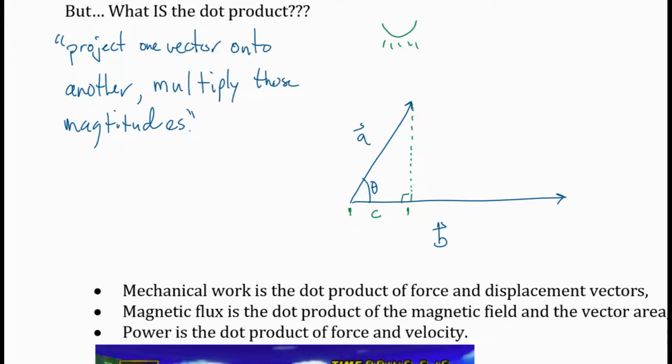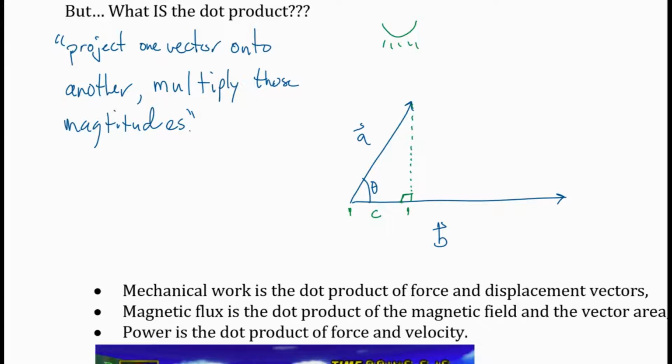And we can see that this is now a right triangle. Okay. And then I take the length of C, multiply it by the magnitude of B, and that's what gives me the resultant dot product.